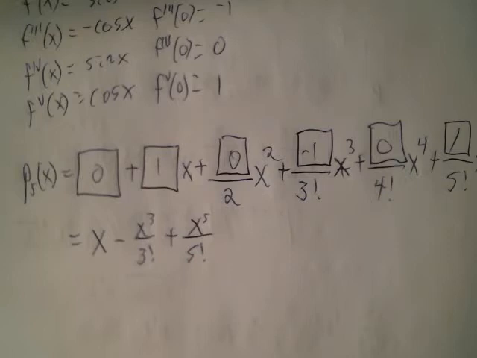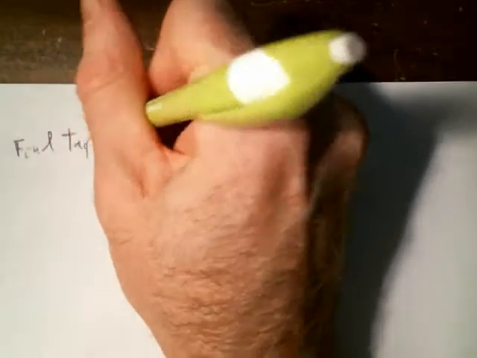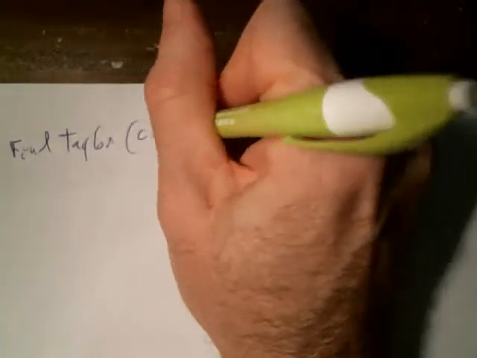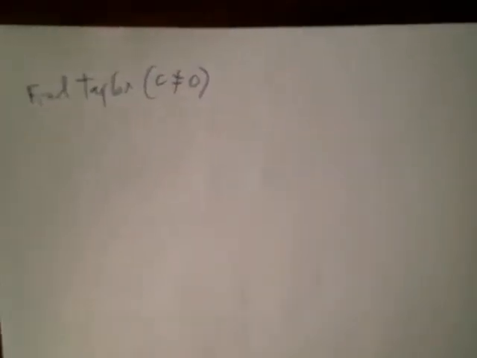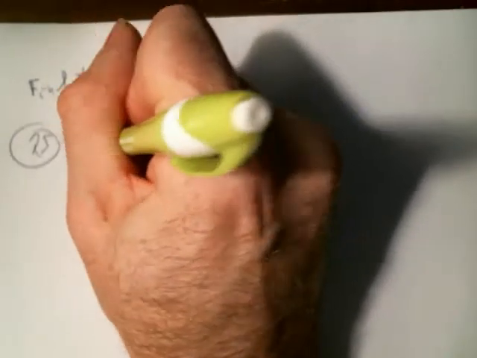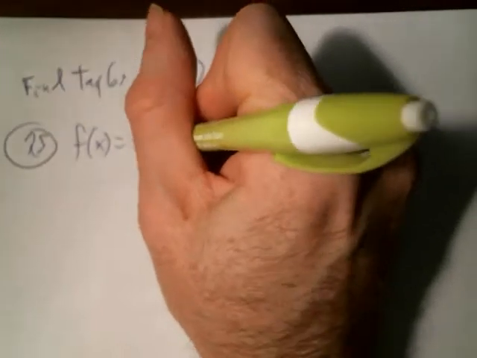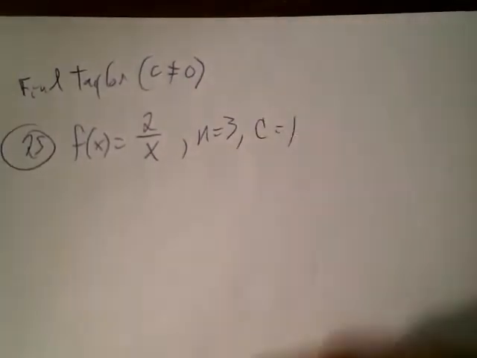Let's do a Taylor polynomial. So this is number 25. Find Taylor polynomial. So this time, when you're talking Taylor, c is not 0. We'll look at 25. So we have f of x equals 2 over x, n equals 3, and c is 1.